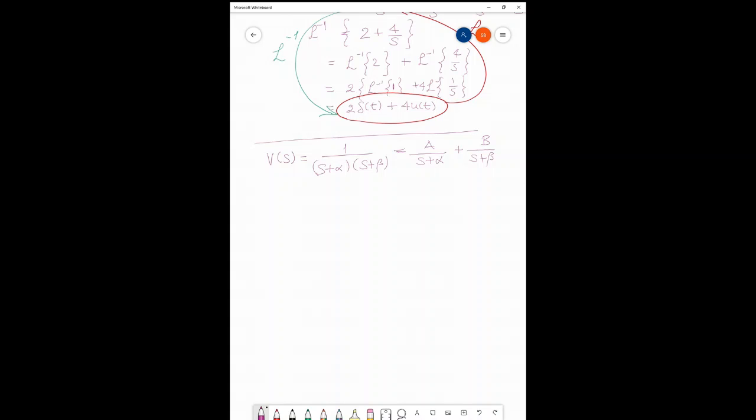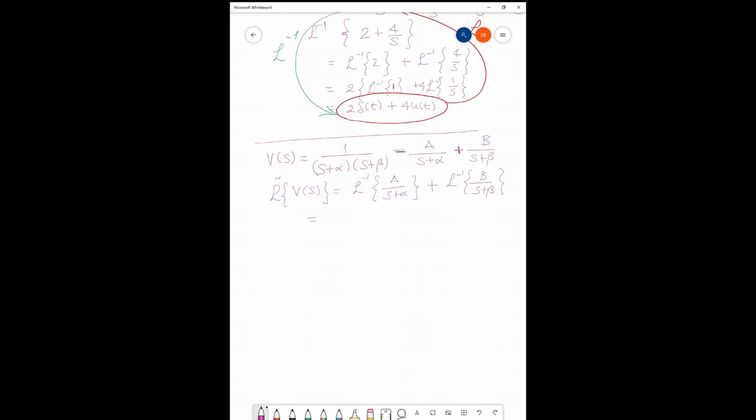And if we are successful in decomposing this into the sum of two partial fractions, then finding the inverse Laplace transform of that would be easy, right? So finding the inverse Laplace transform of V(s) is going to be finding the inverse Laplace transform of A over s plus alpha plus the inverse Laplace transform of B over s plus beta.